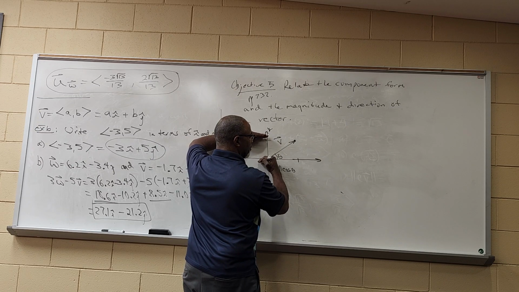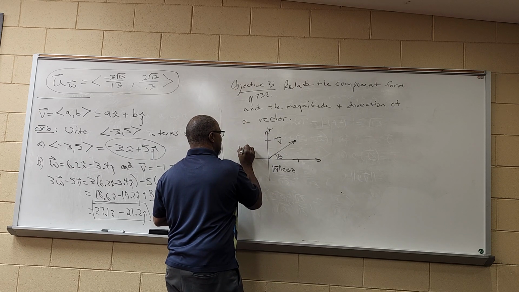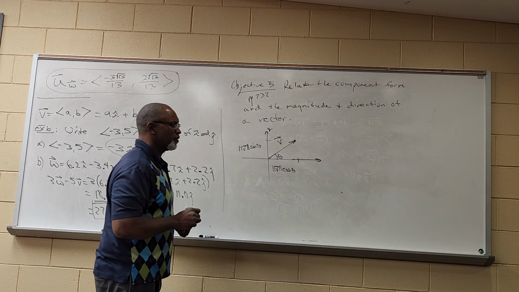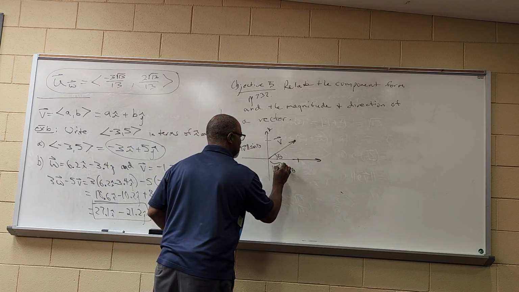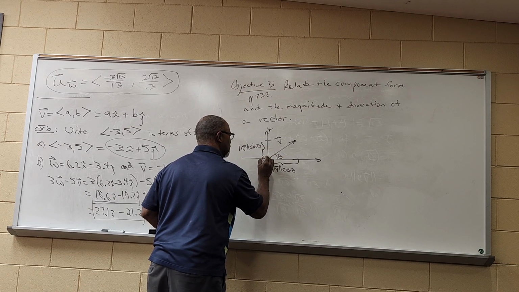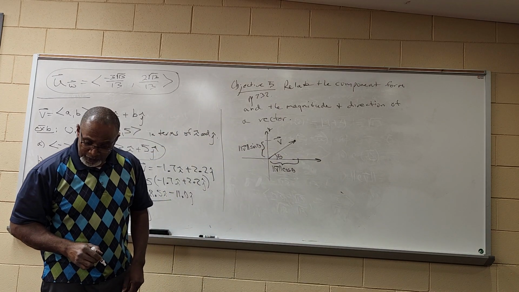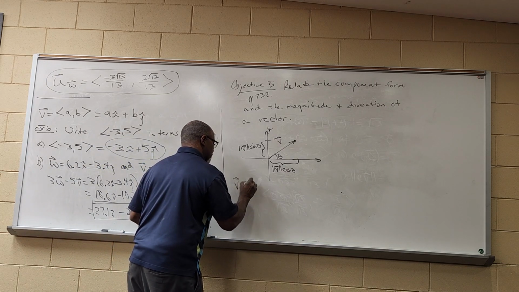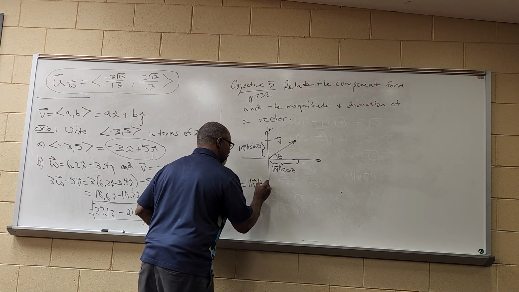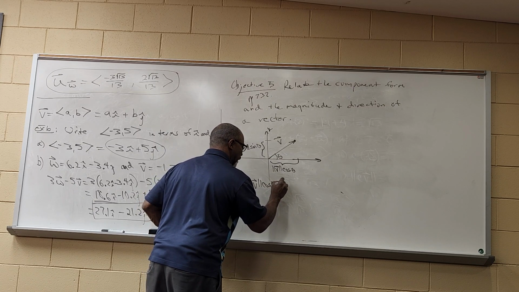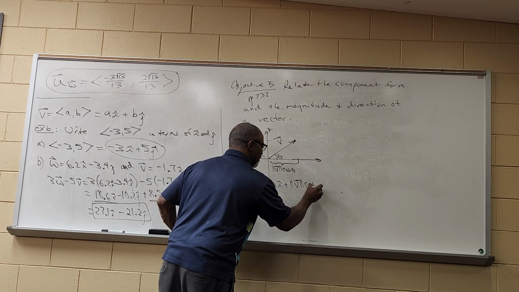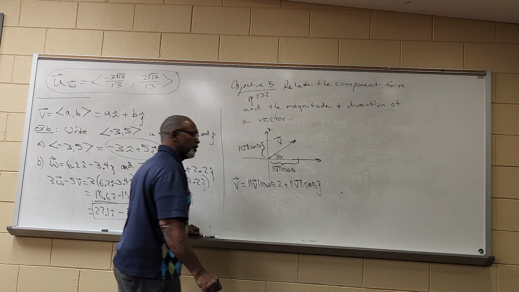This vertical distance, where the vector ends, would be the norm of v sine theta. So I could write vector v as the norm of v cosine of theta i plus the norm of v sine theta j.